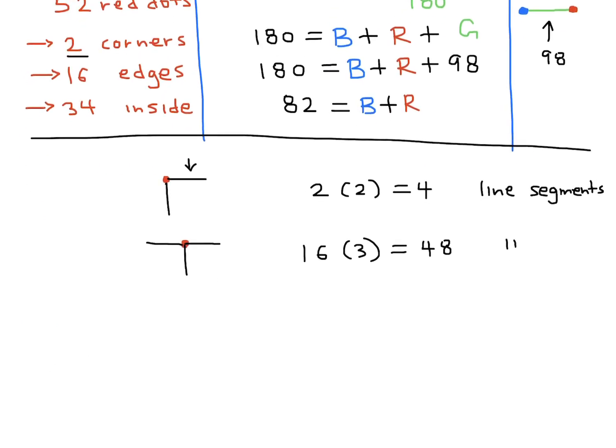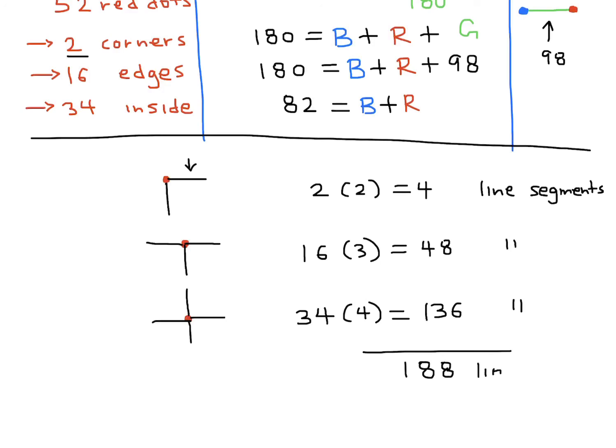So there'll be 4 line segments from each of the 34 inside red dots, and that is 136. So the total line segments, 4 plus 48 plus 136, is 188.